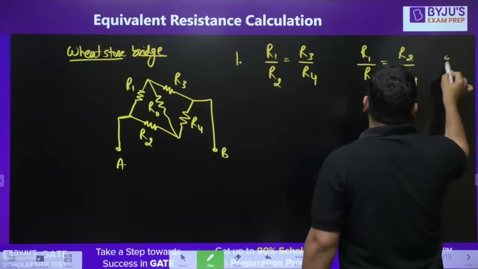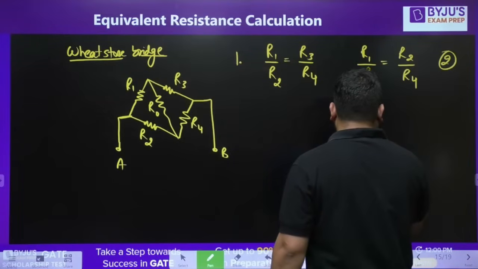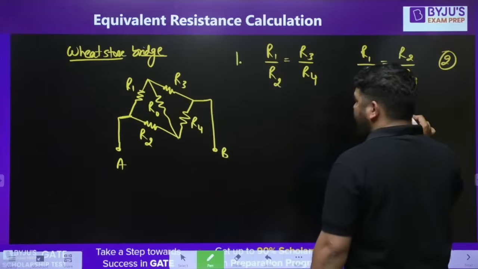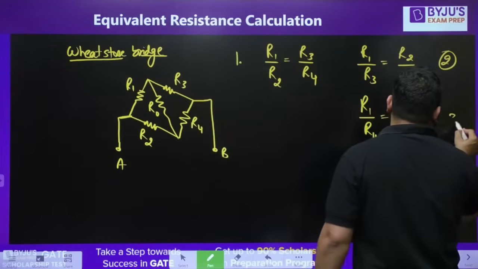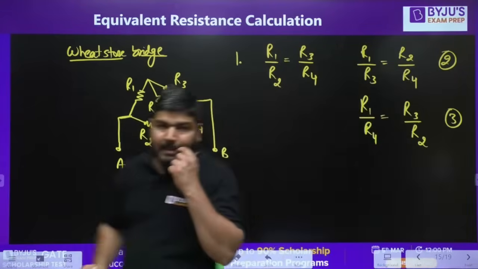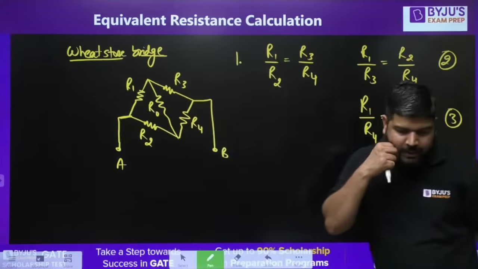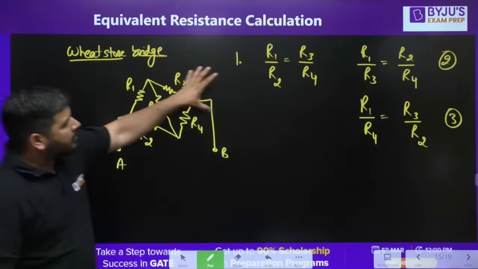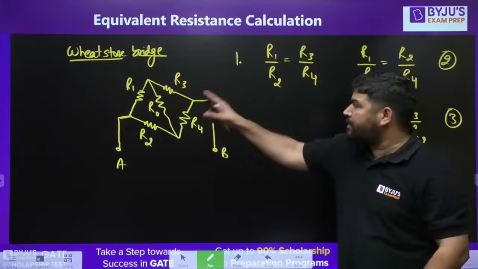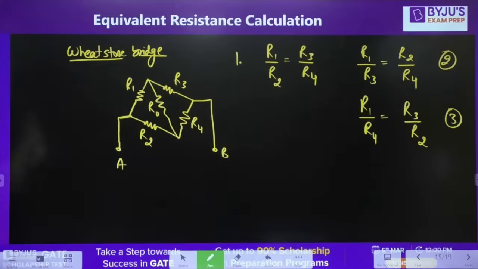There is one more condition, condition 3: R1 by R4 is equal to R3 by R2. Which condition is correct for balance bridge? Tell me guys, under which condition will we call it a balance bridge?